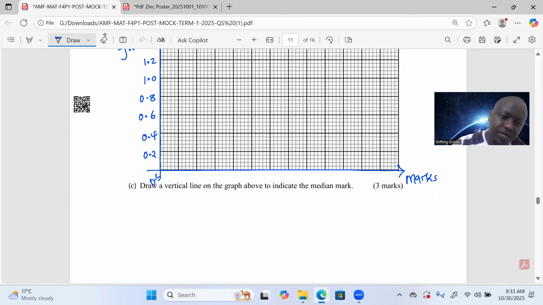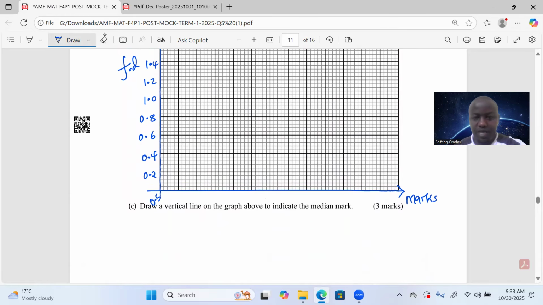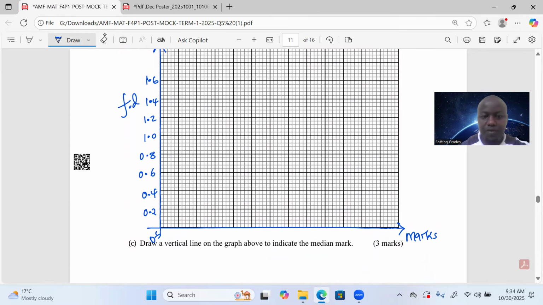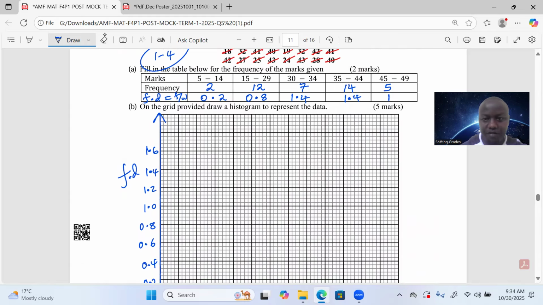Now, when we use intervals of 5, shall we accommodate 49?